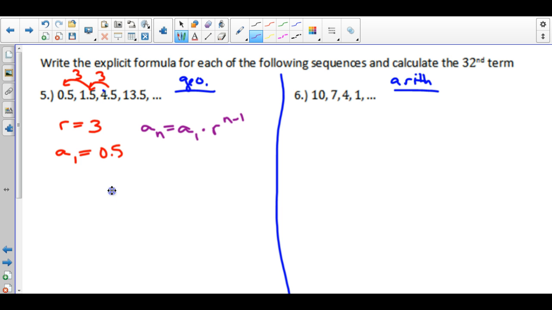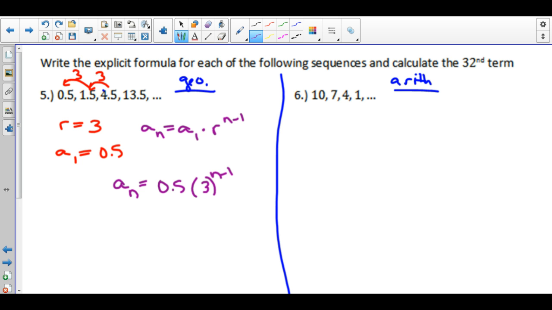So for us to write an explicit formula, which is part of the directions, a sub n equals, we're going to take a1, which is the 0.5, the first number in the sequence, times the common ratio, which is 3, to the n-1 power. And make sure when you are evaluating this for any term number, you would always do your exponent first because of order of operations. You cannot simplify this by multiplying these two together and taking it to the n-1 power. That is a huge no-no.